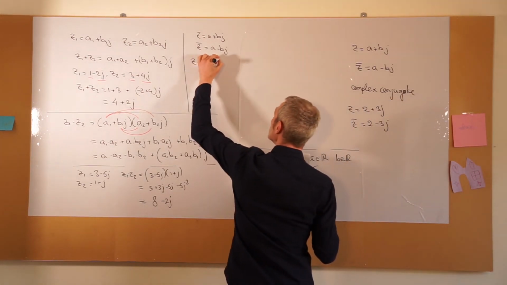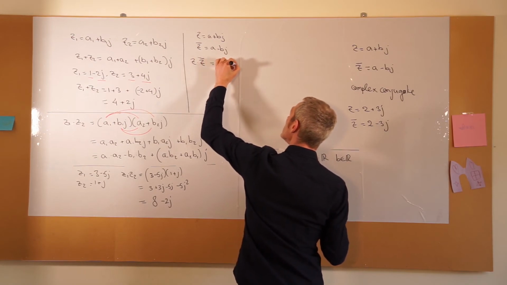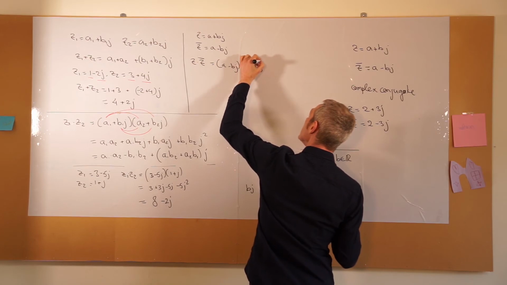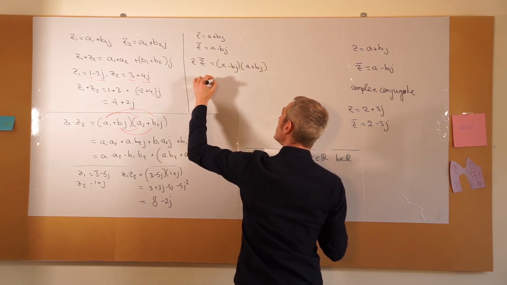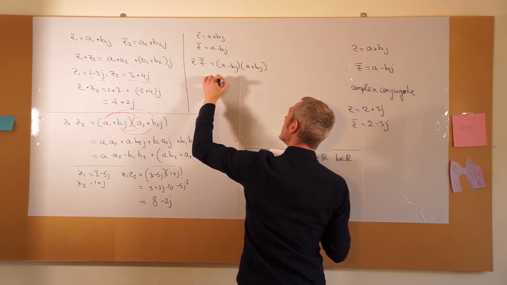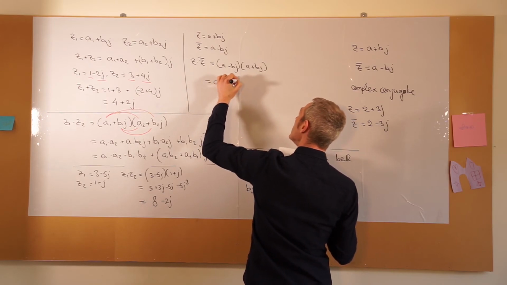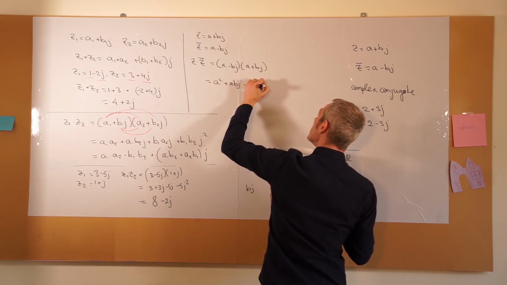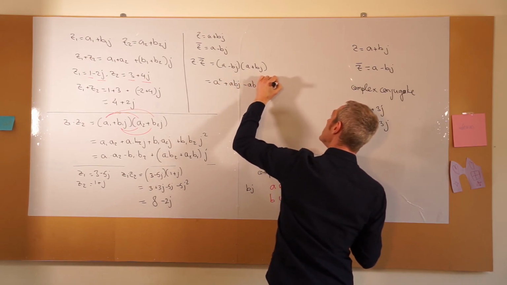And what we get is a minus b times j and a plus b times j, which we get a squared plus a times bj minus a bj minus b squared times j squared.